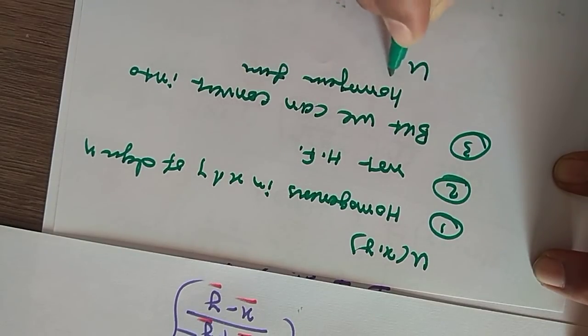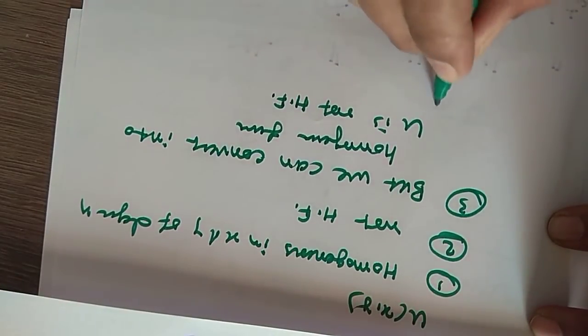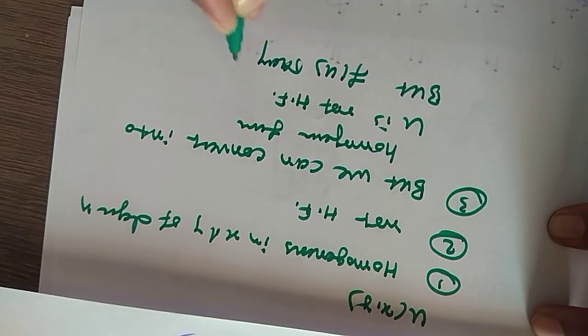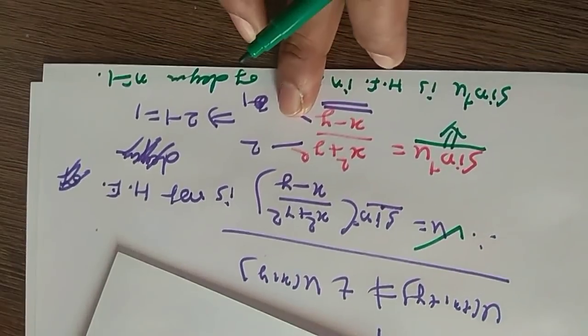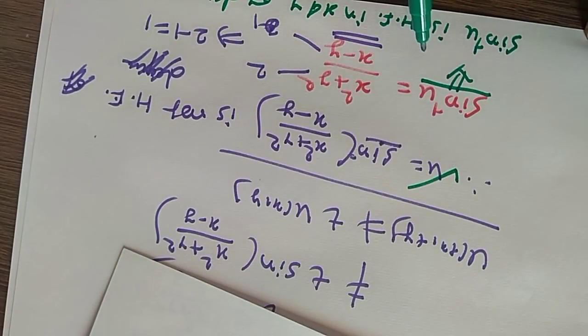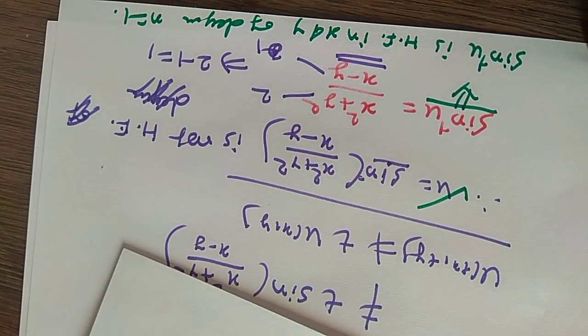That means u is not homogeneous, but f of u may be a homogeneous function. In the last example, u is not homogeneous, but sine inverse of u is homogeneous. Okay, this is about homogeneous functions, and we'll discuss the next important article in the coming lecture. Okay, thank you.